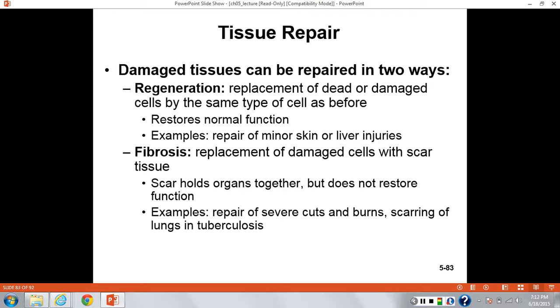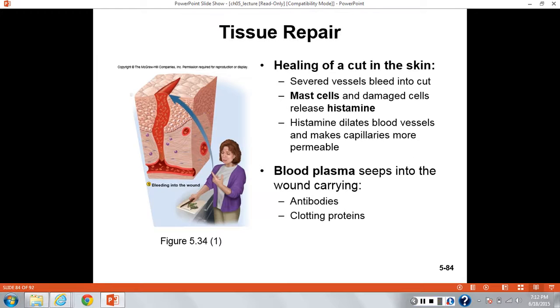Alright, tissue repair. Why do we have to go through tissue repair? Damaged tissue, scar tissue. Alright, anytime you get a cut or laceration, the body has to do what? Repair itself. So there are several things that it goes through in order for this repair process to take place. Now, is it important for the healing to go from bottom to top or top to bottom? Okay, you say what?